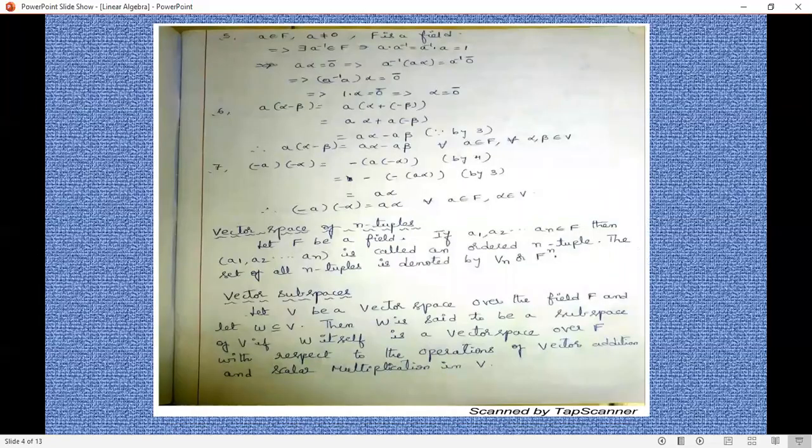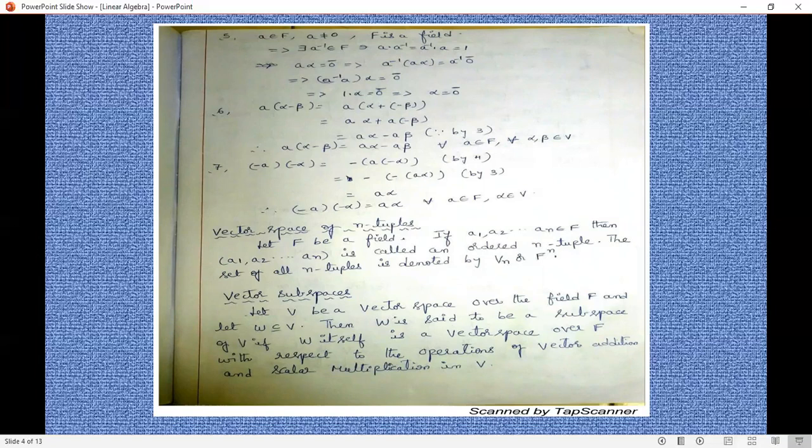Next, the fifth one: a belongs to F, a not equal to 0. Observe that we already know F is a field because V(F) is a vector space. Since F is a field, every non-zero element is invertible, so there exists a inverse belongs to F such that a·a inverse = a inverse·a = 1.